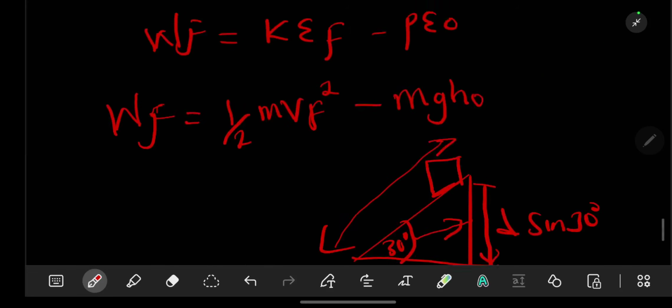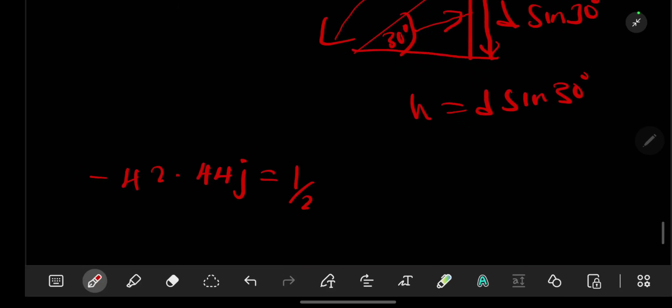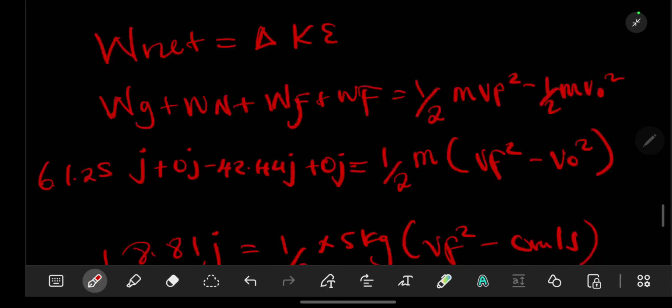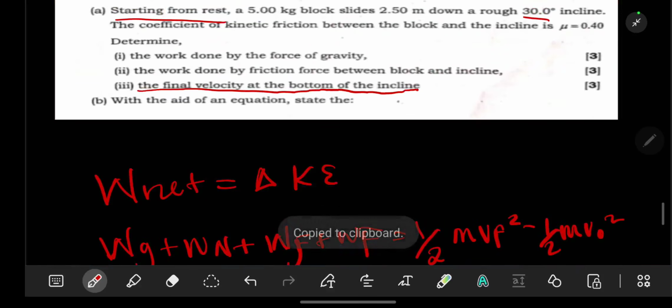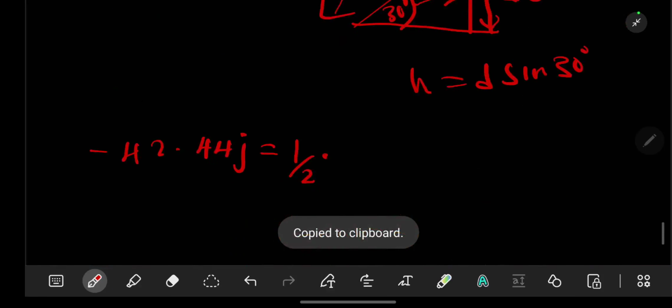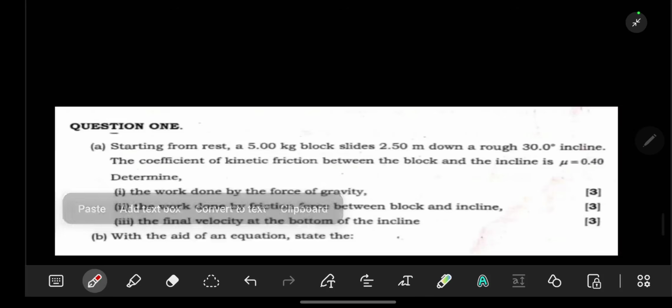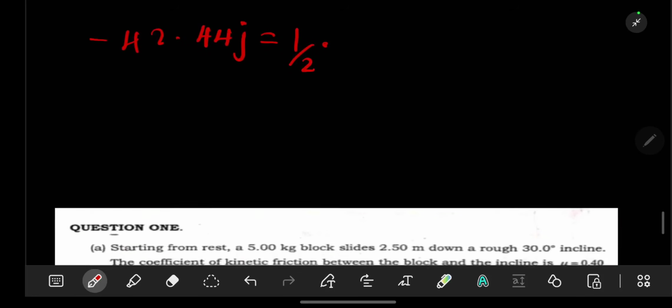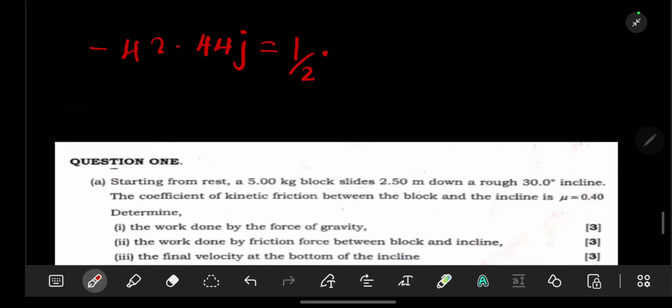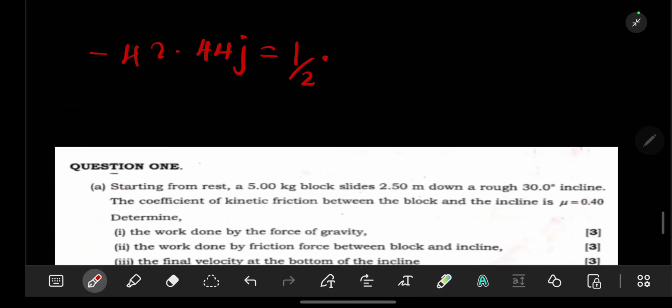Joules, which should be equal to half mass times velocity final squared, and we can replace the mass. So looking at this, what do we have?